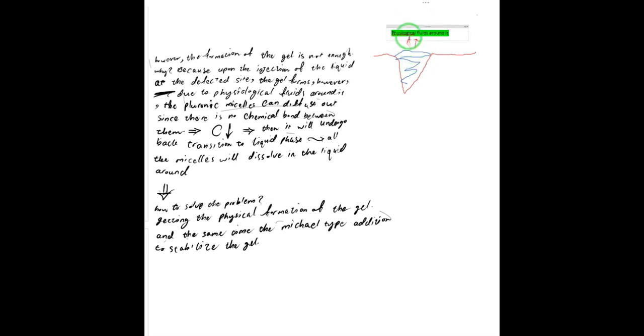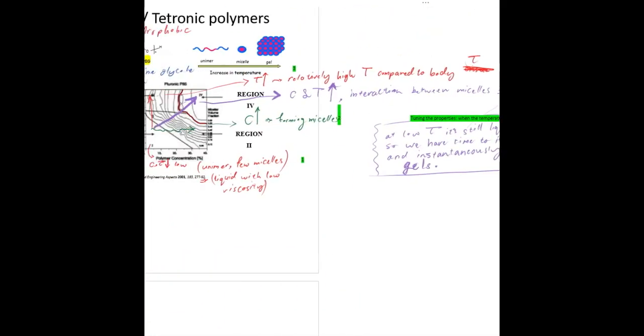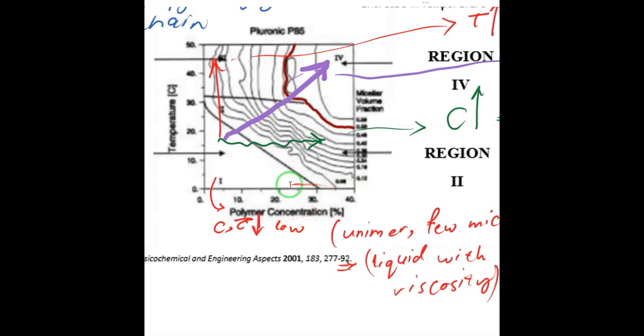So as the concentration of our polymer network is decreased in our hydrogel, based on this I showed you that when the concentration is decreased, we will come from the hydrogel into the micelles, which are colloids, which are dispersed into our solution.